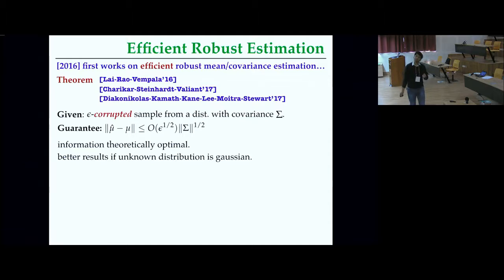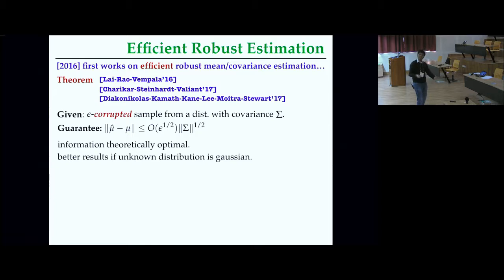Then, in polynomial time and polynomial samples, and I'm being rough about this, you can ask me later about the precise bounds, this algorithm recovers an estimate of the mean such that the Euclidean distance of the estimated mean from the true mean is about square root of epsilon times the largest eigenvalue, the square root of the largest eigenvalue of the covariance matrix sigma.